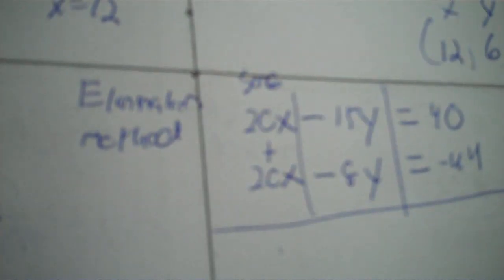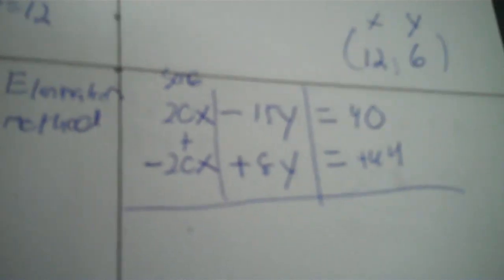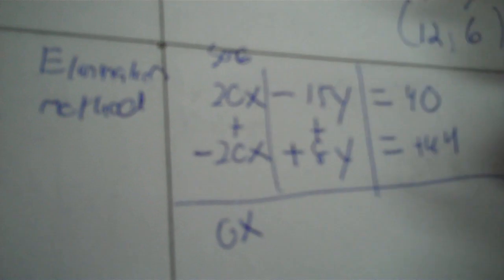Now try this again, okay? The same term is right there, but they are both positives. To add them to 0, you need to make one of them into a negative. So negative 20, positive 15, positive 8, positive 44. Now you'll get your 0x, okay?